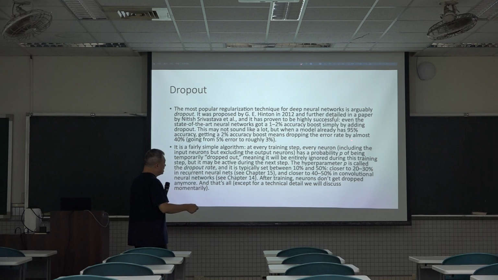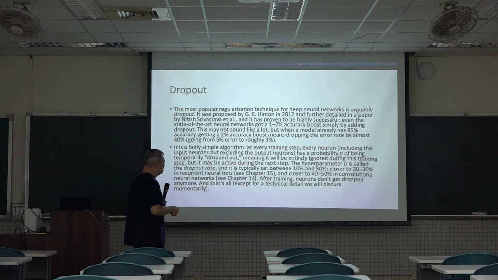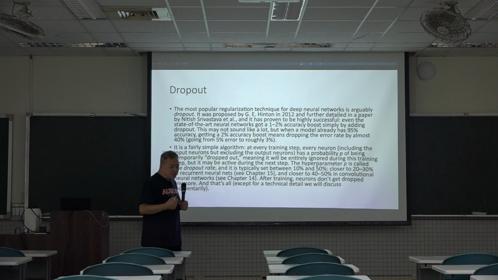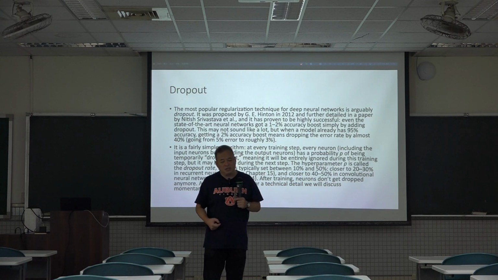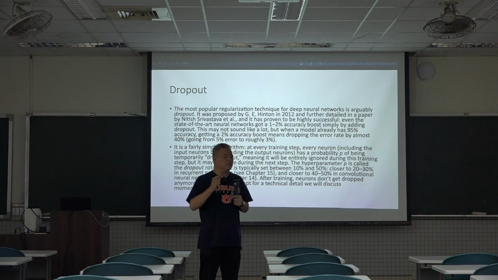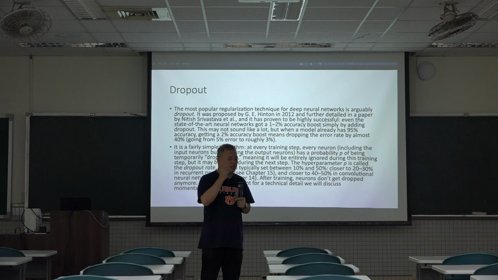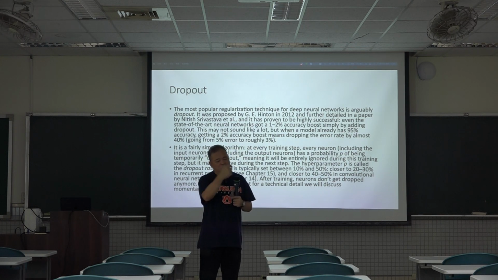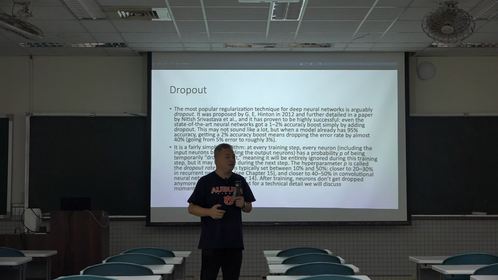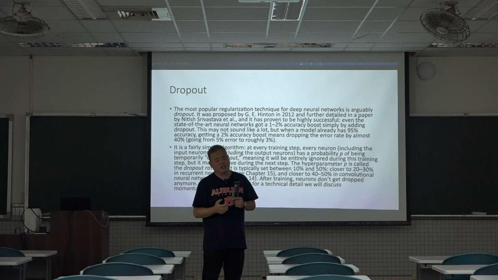So in that case, this neuron will not participate in this iteration. But this is done every iteration. So even if this neuron may not participate in this training iteration, in the next iteration this neuron may participate again.